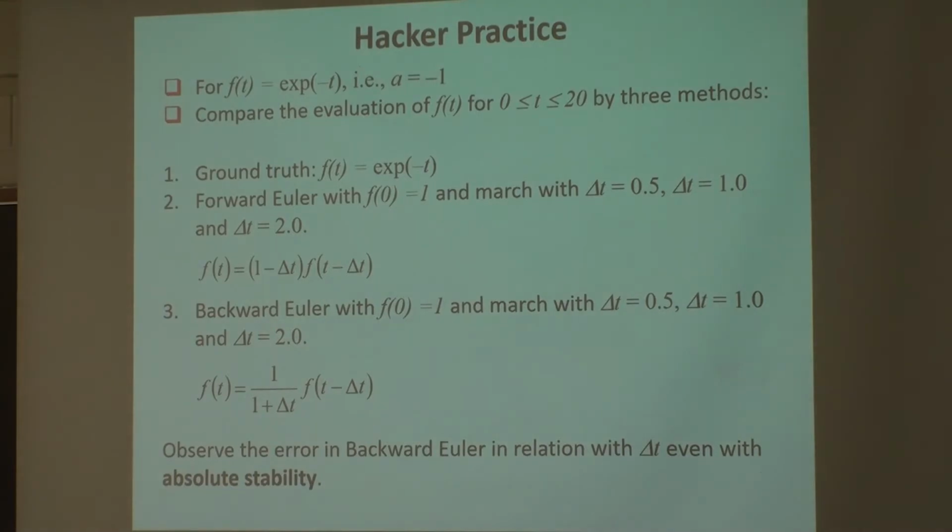If you're using C, it's nothing but a for loop. Multiply by that geometrical series: each time forward Euler times 1 minus delta t, and the other times 1 over 1 plus delta t.